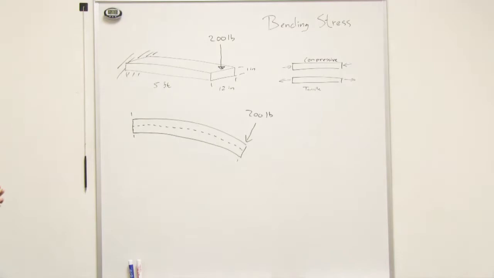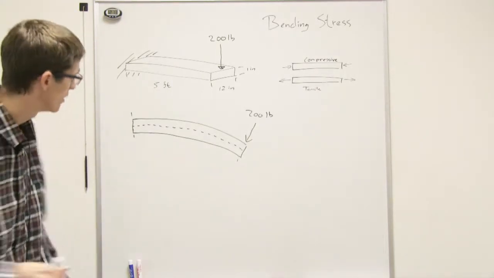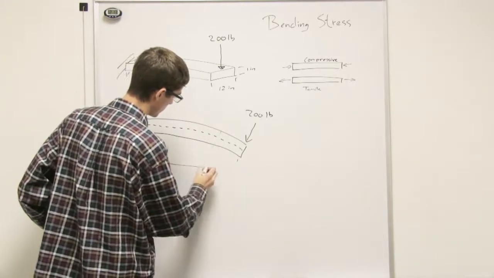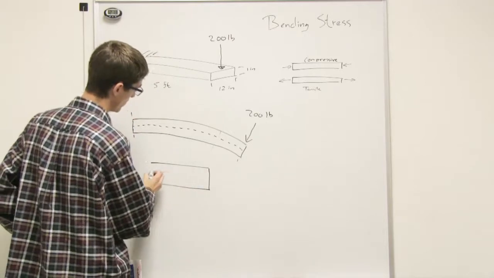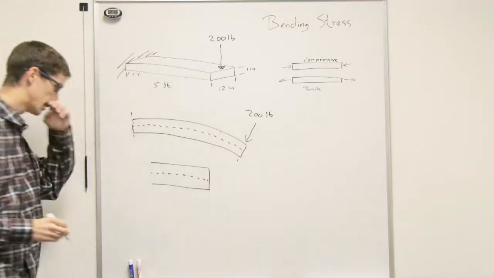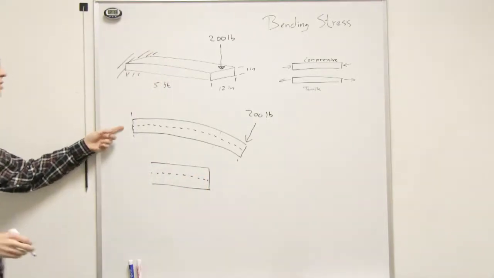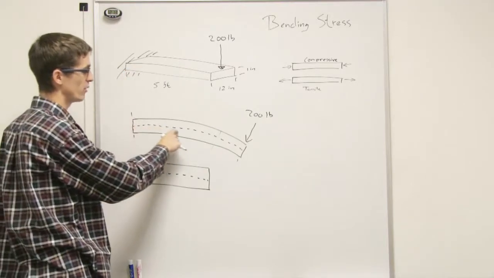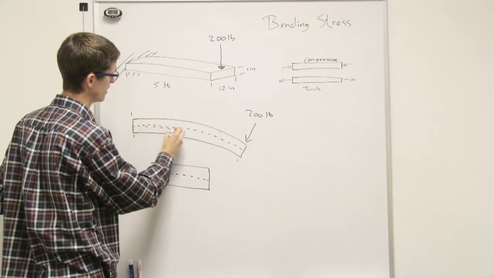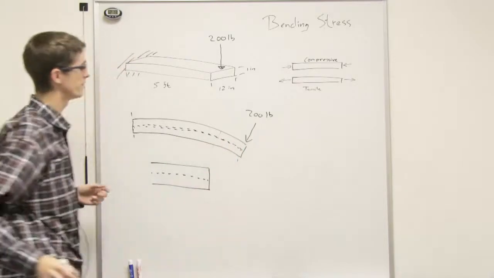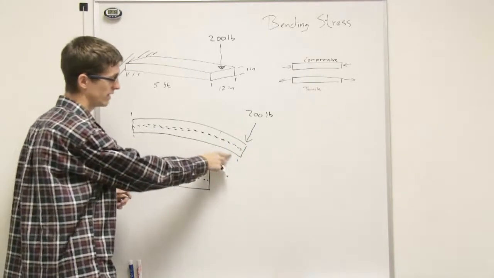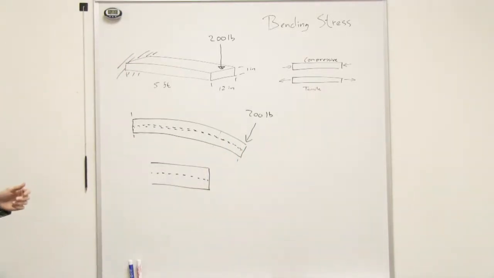So let's look at what's happening in this piece then. If we were to cut this piece and look at the face of that piece, what kind of stresses are being applied? If this thing is symmetrical, the original length is associated with the central line. The central line here is 5 feet, while this bottom line is maybe, I don't know, 4 foot 11 and a half inches or something.